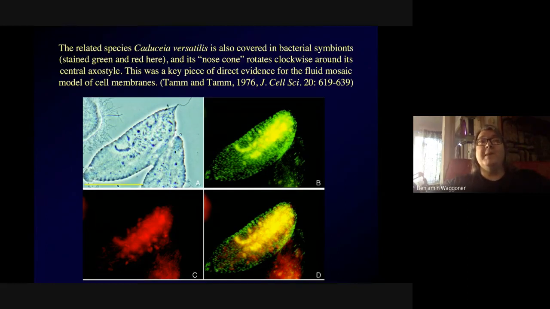because if the cell membrane is a solid membrane like a rubber balloon, you couldn't have part of a cell constantly rotating around another part, right? Just like you can't take a balloon and twist it without causing it to pinch off or possibly to pop very quickly.